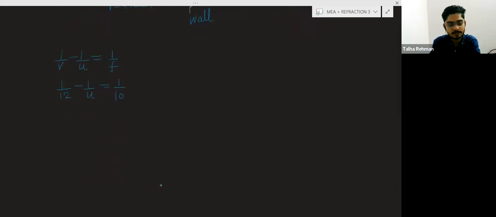When you calculate, you will get u is equal to minus 60 centimeter. Check the answer. Simply take the LCM and solve.